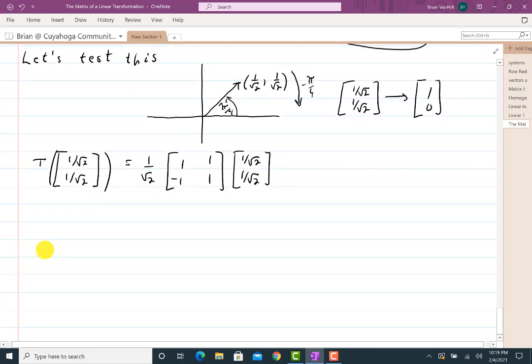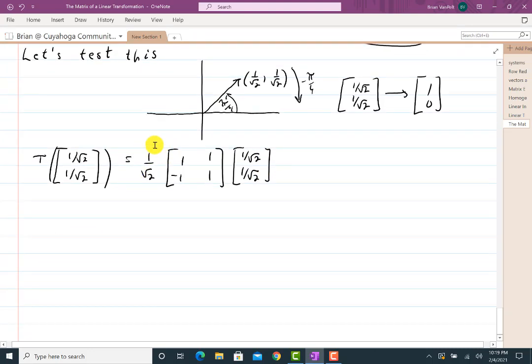One thing I can do is take this scalar, this 1 over radical 2, and actually multiply it through to the vector. There was a thing that we did that said we were allowed to take scalars or real numbers and pull them into and outside of matrix multiplications like this. So if I take this 1 over radical 2 and multiply it to that, this is what I get.